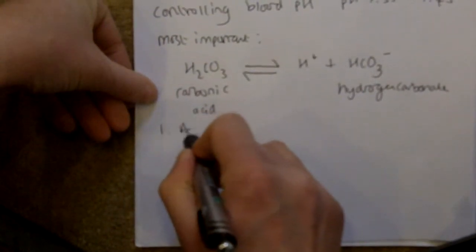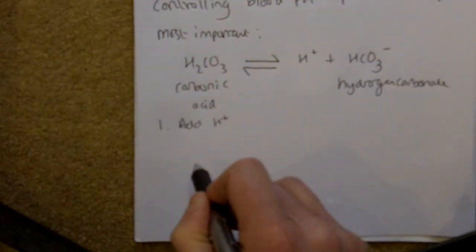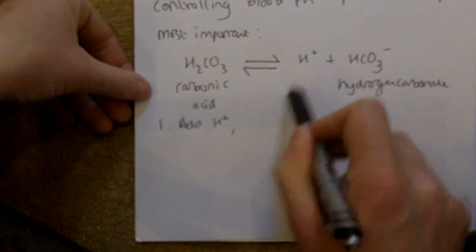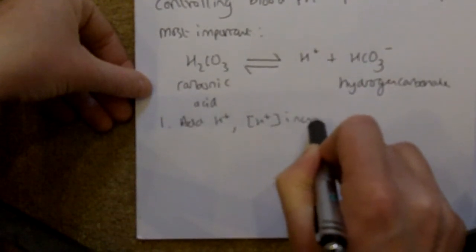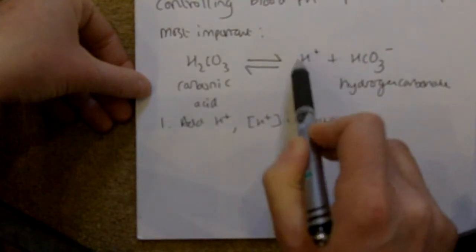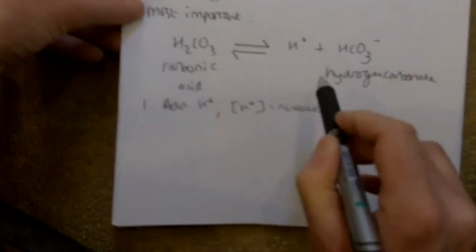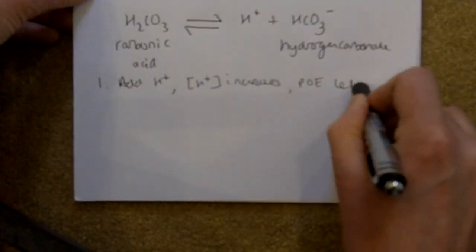If some acid goes into the blood, then the concentration of H plus increases, and the position of equilibrium will move to the left to minimize the change.